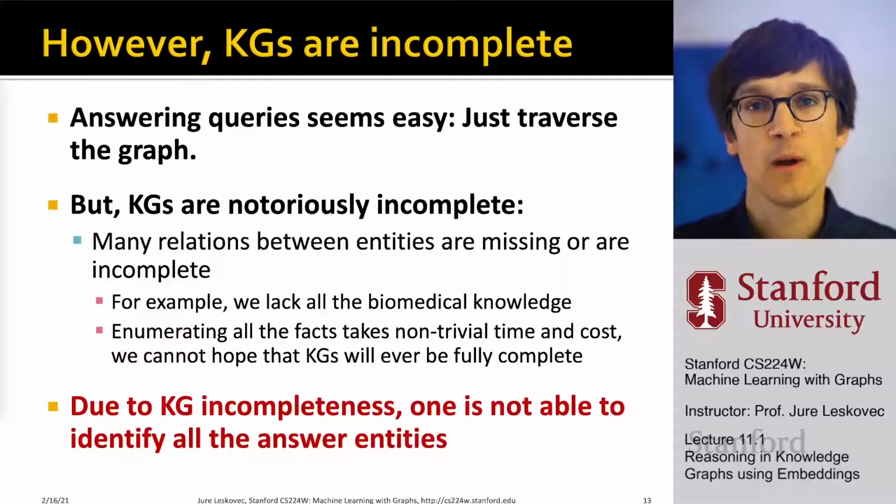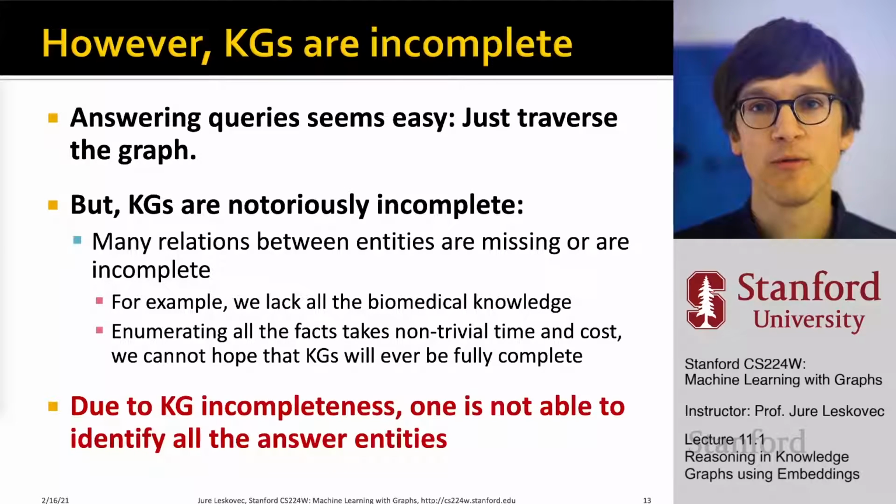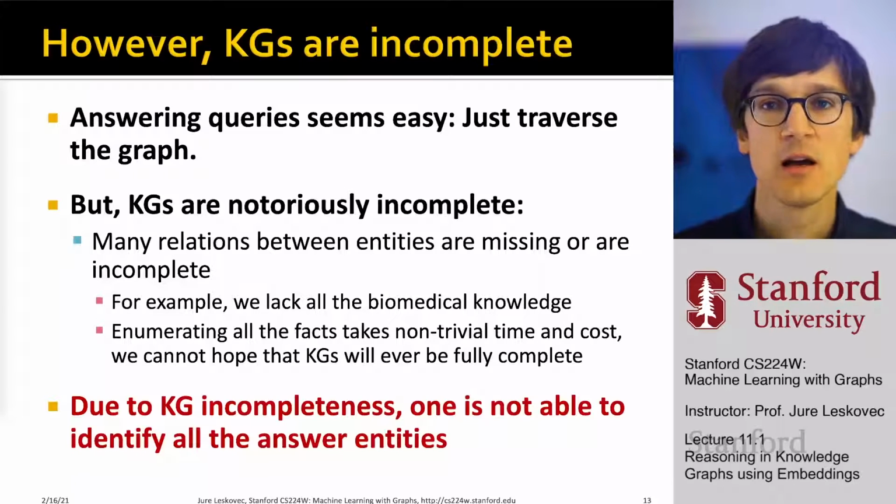For example, we lack a lot of biomedical knowledge, and enumerating all facts, testing all possible side effects, all possible associations in these graphs is too costly and would take far too much time, and perhaps we will never be able to obtain the entire knowledge about biomedicine. So the question then is, if these graphs are notoriously incomplete, we cannot simply hope to traverse them to get the answers, right? So what do we do?